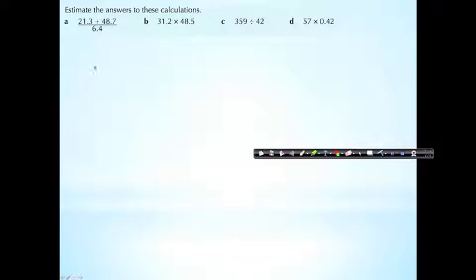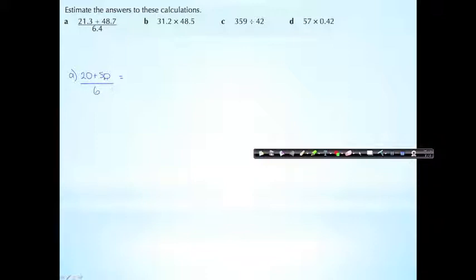So if we don't have a calculator, we can look for the approximate answer. So we can say 21.3 is approximately 20, plus 48.7 is close to 50, and then I can divide that by 6 or 7. I'm going to put 6 for now.